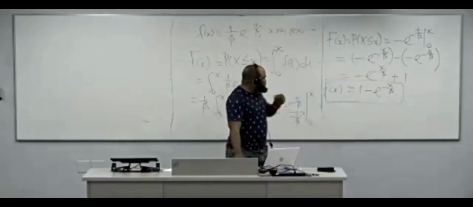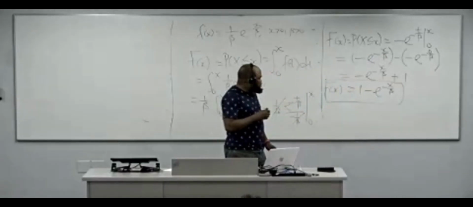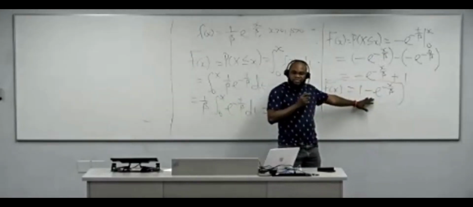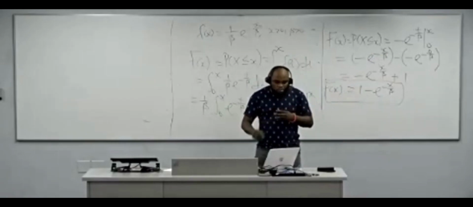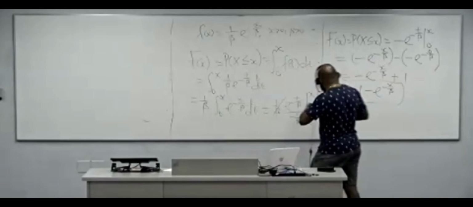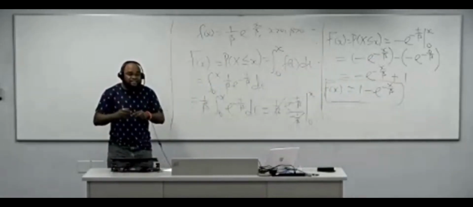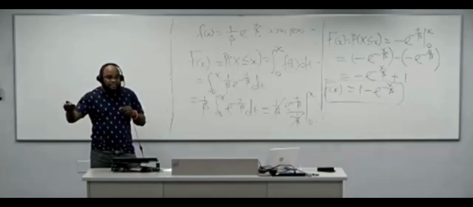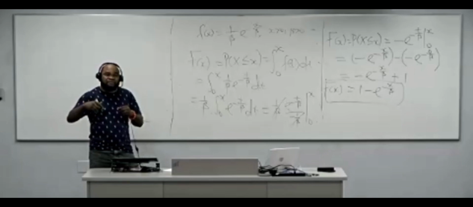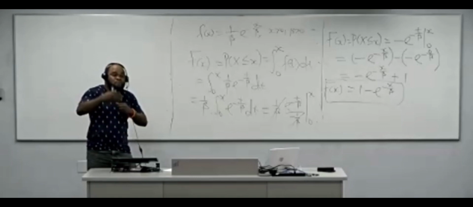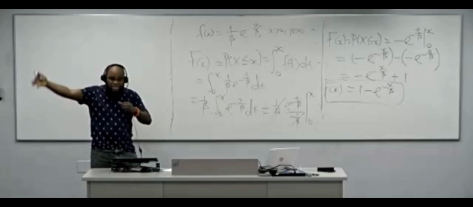If this is the CDF, this tells you the probability of waiting until x. What about more than x? If you want to talk about more than x, that's the complement of this. In survival analysis, you basically want to know whether a patient with a terminal disease will survive more than a particular period.